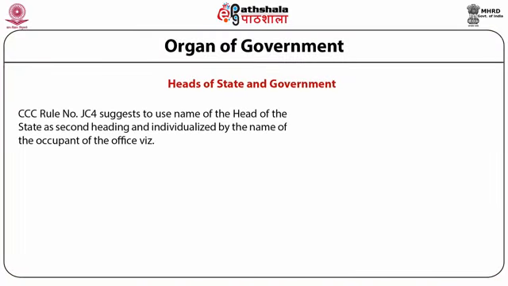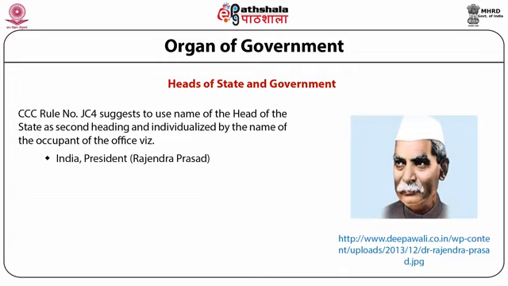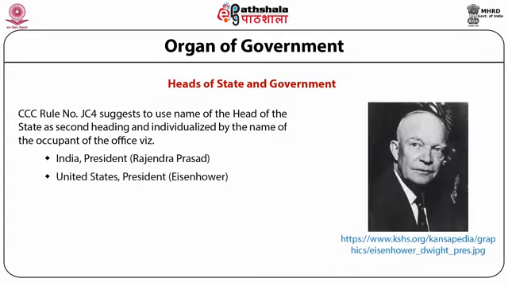CCC rule number JC4 suggests using the name of the head of the state as second heading, individualized by the name of the occupant of the office. For example, India, President (Rajendra Prasad); United States, President (Eisenhower).